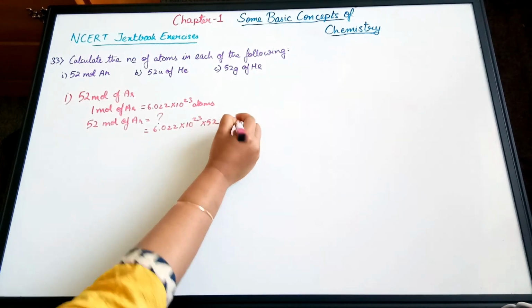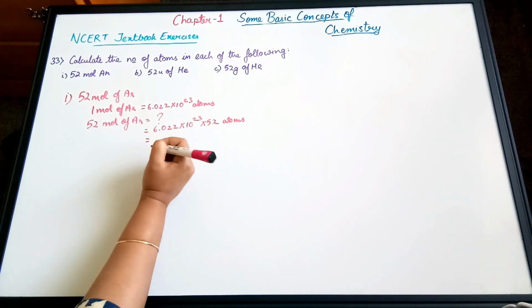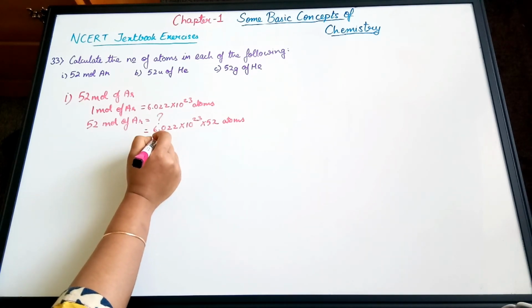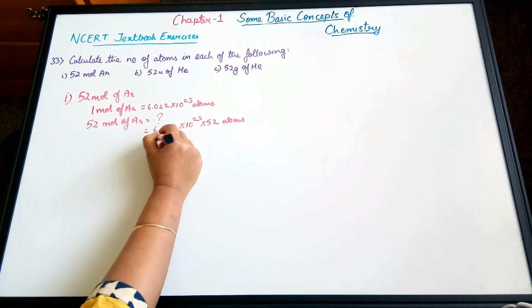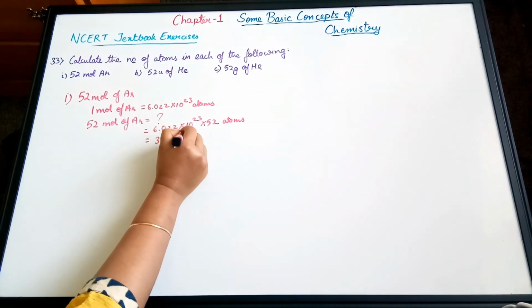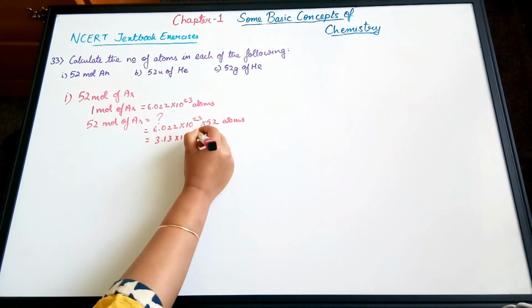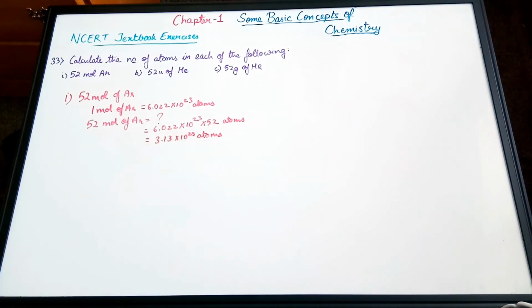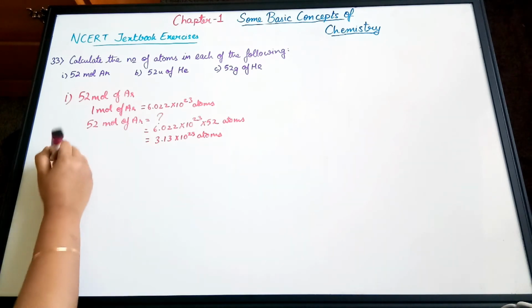When this is simplified, we get the answer as 3.13 into 10 to the power 25 atoms. So we just use the basic relation between the number of atoms, Avogadro's number and the number of moles. 1 mole has 6.022 into 10 to the power 23 atoms, so 52 moles will have how much?